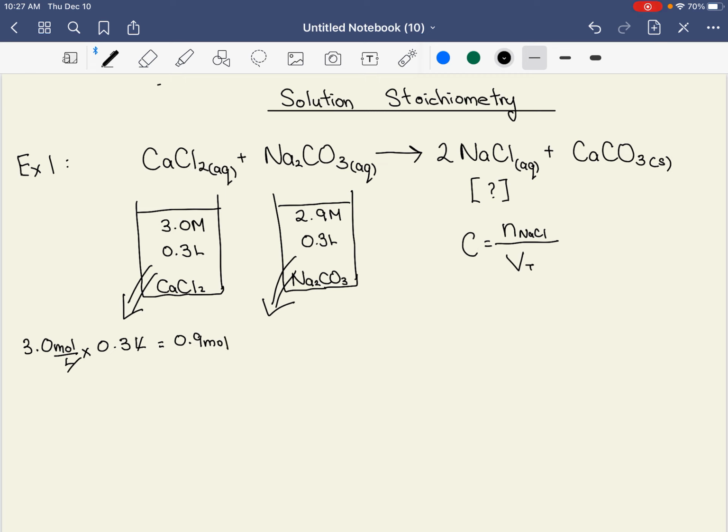So that's 0.9 mole. Here, 2.9 moles per liter times 0.3 liters. And that is going to be 0.87 mole.